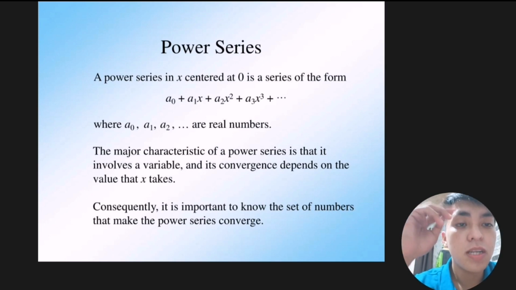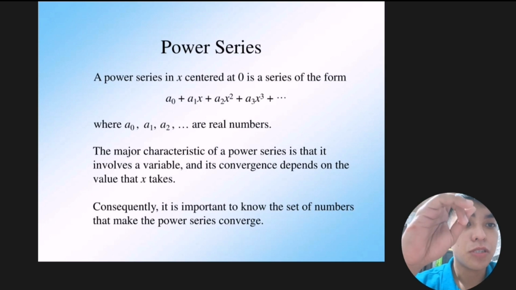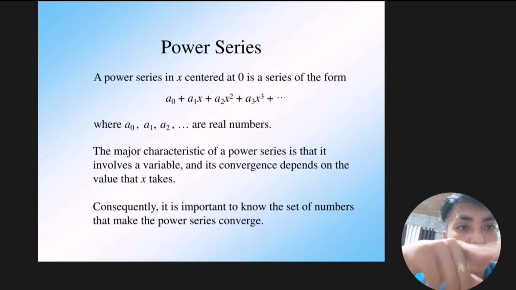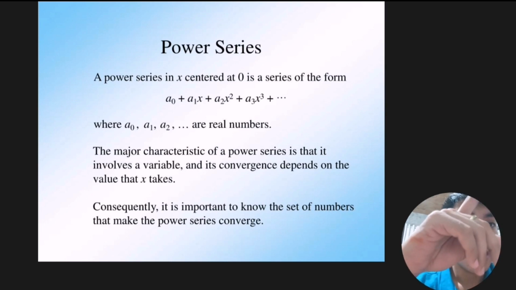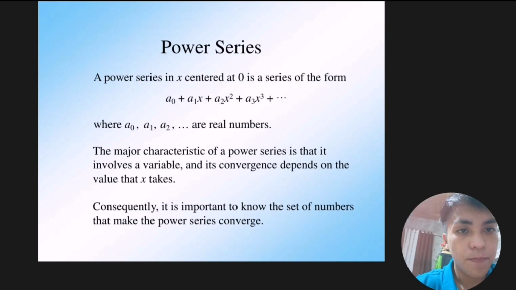What we observe is that as the subscript of the coefficients increases, the exponent of the variable also increases. For example, a sub 3 goes with x cubed, and a sub 4 goes with x to the 4. The coefficients are real numbers. The major characteristic of a power series is that it involves a variable and its convergence depends on the value that x takes.